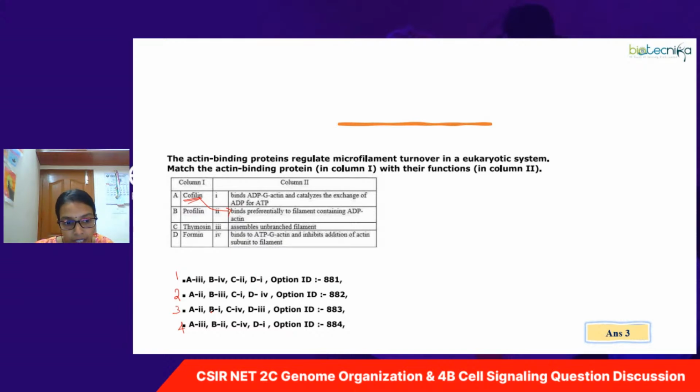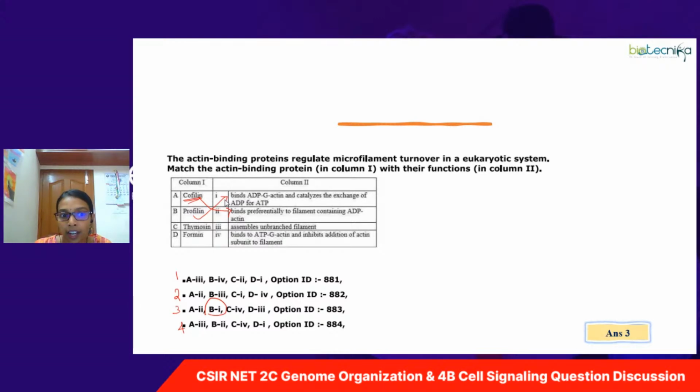Then we have B to 1, that is profilin. If you remember, I told you in my last class also, profilin is related to guanine exchange factor.